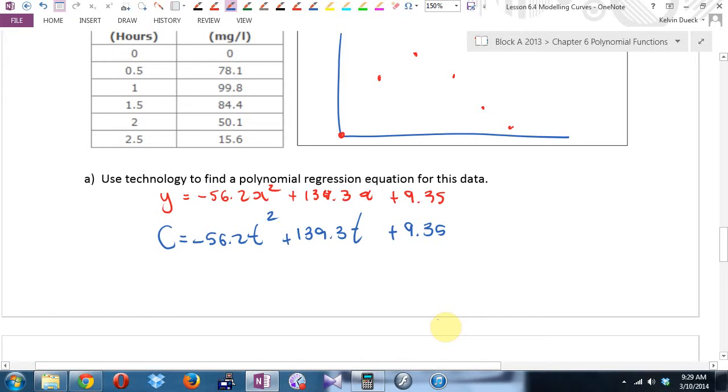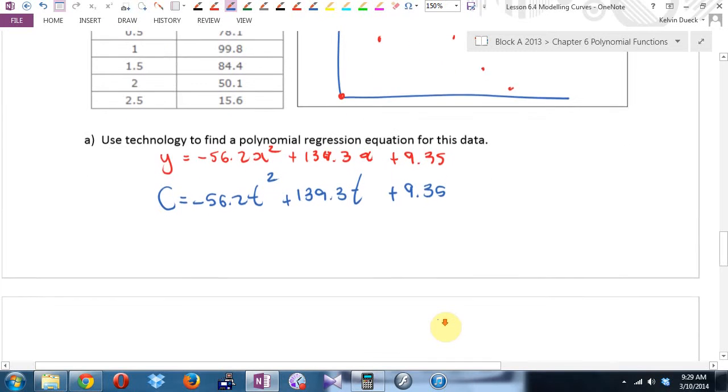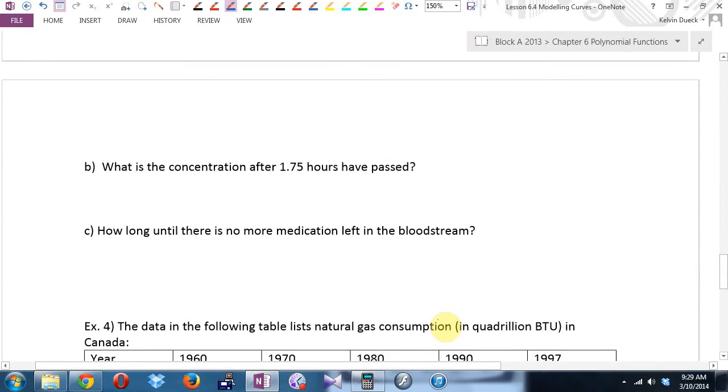So we've got an equation. Let's see if we can do something with this. I couldn't fit this all on the same page, so we're using this data, but turn the page. B. What's the concentration after 1.75 hours have passed?